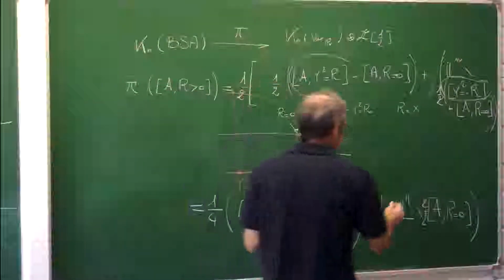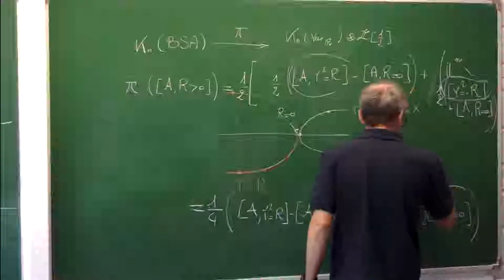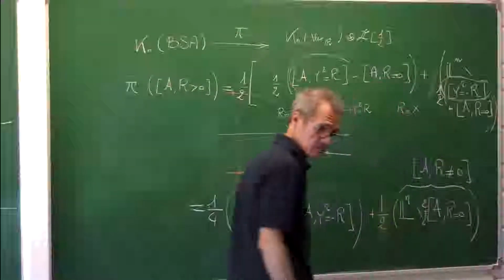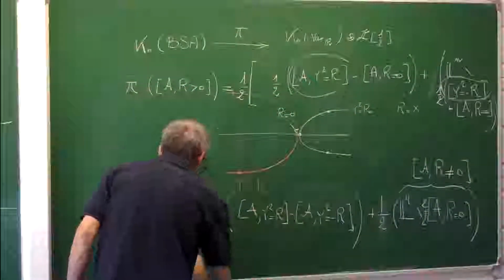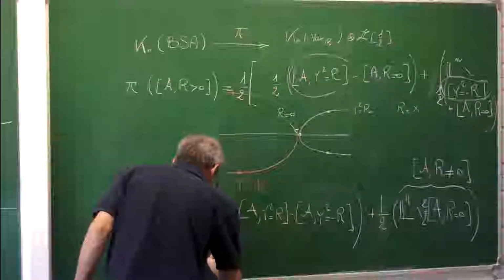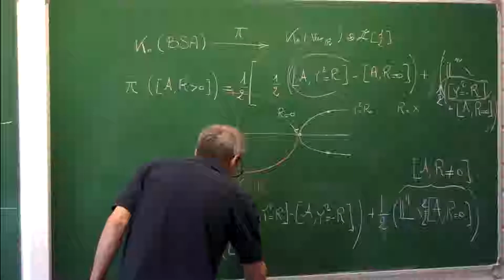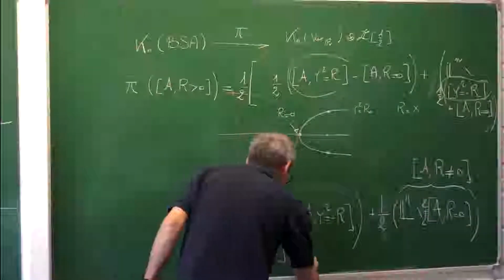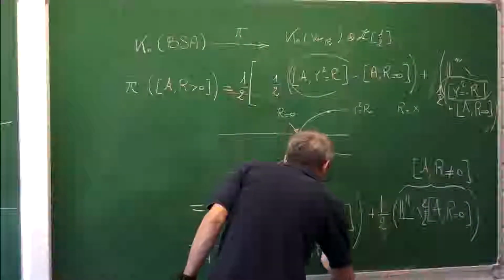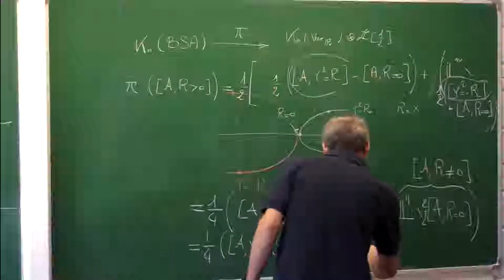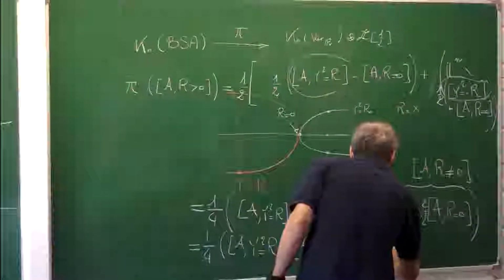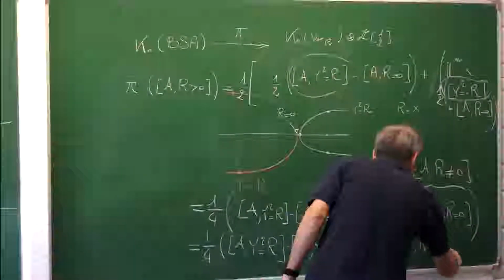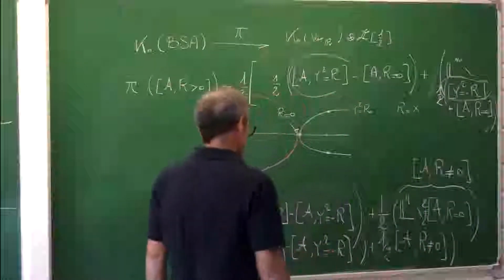But by additivity, this is nothing else than the class of R different from 0. So the realization is given by the following inductive formula: 1/4 of the class of y square equal R minus the class of y square equal minus R, plus 1/2 of the class of R different from 0, and that's it.